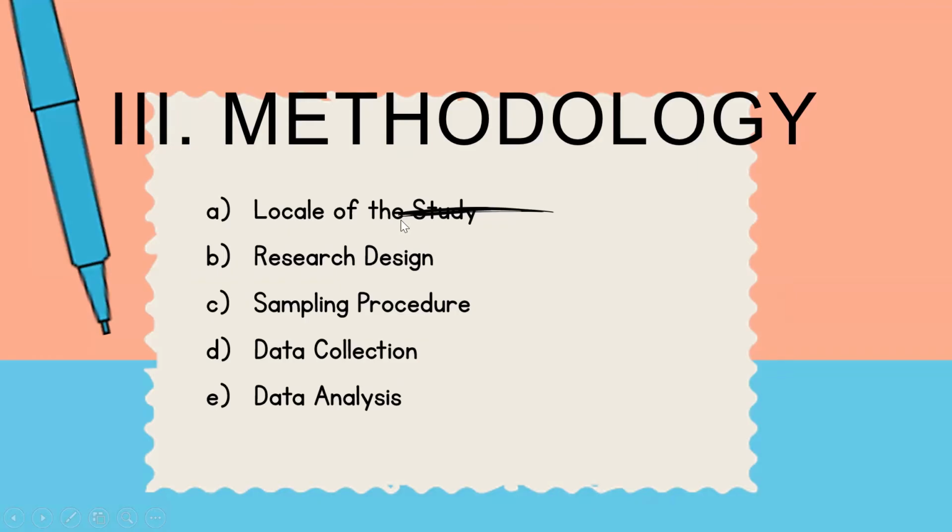For the locale of the study, you can put a map of where your study will be conducted, and you explain why it is important to conduct the study in that particular area.